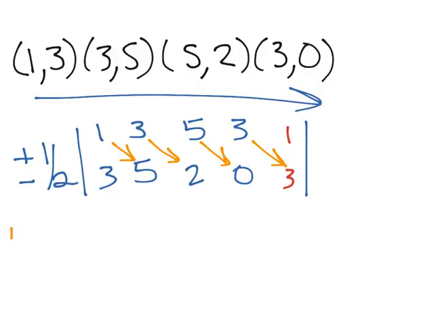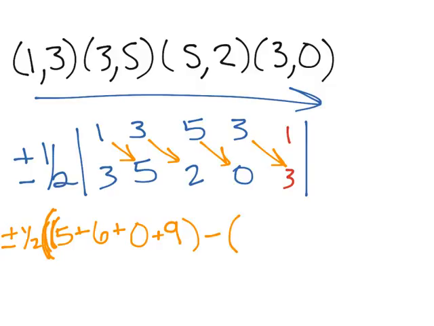So we have plus or minus a half times 1 times 5 is equal to 5, plus 3 times 2, 6, plus 5 times 0, 0, plus 3 times 3, 9. These are two parentheses right here. To this we will subtract the product of the diagonals going in the opposite direction: 3 times 3 is equal to 9, 5 times 5, 25, 3 times 2, 6, 1 times 0, 0.